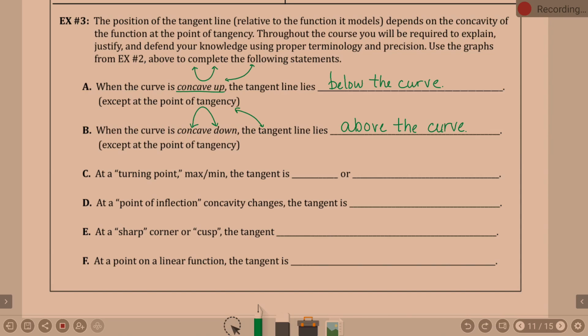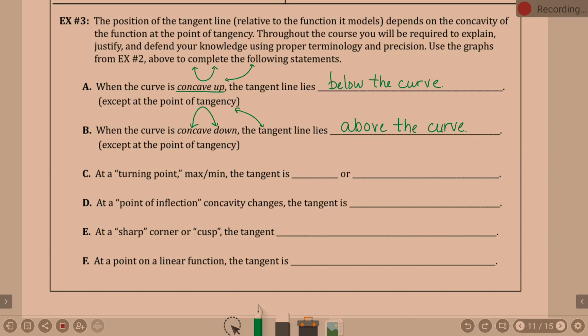At a turning point, max/min, the tangent is blank or blank. Wait, what? I don't like the way that's set up.